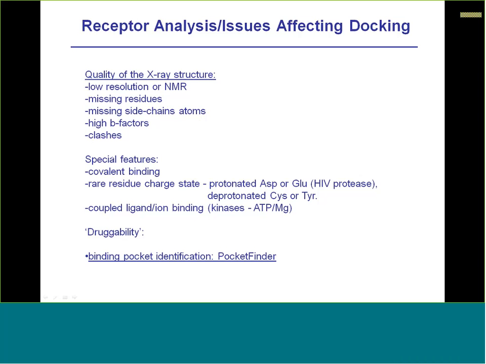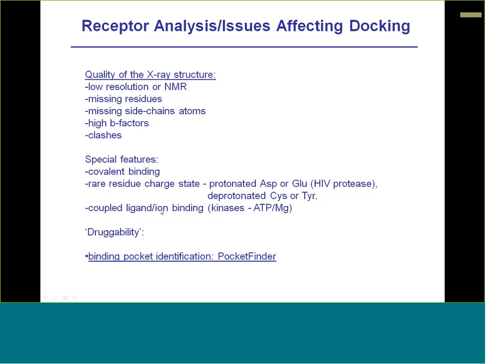Some special features that you may want to consider: is your ligand a covalent ligand? If it is, you need to make some adjustments to the map to incorporate the covalent bond. You may also have to change the charges, or you may need to protonate or deprotonate a residue.